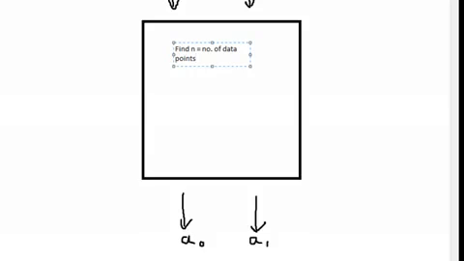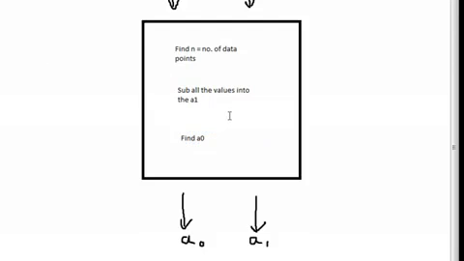And then after that, what we want to do is sub all the values into the A1 equation, because if we do not know A1, we can't find A0. So only then can we find A0. So basically we just plunk all these formulas in, and just watch it work.